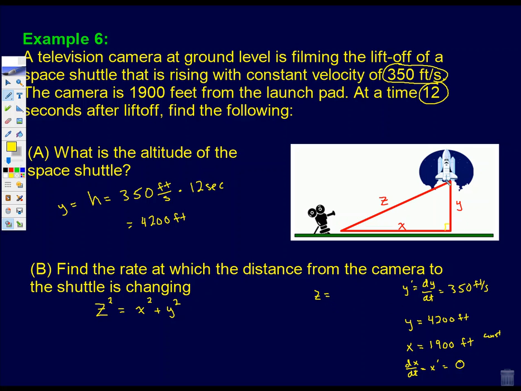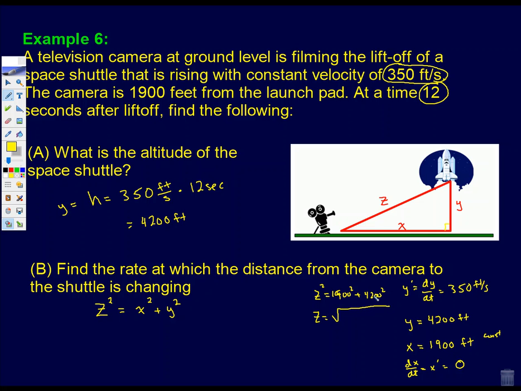Since I'm now at this one instant of 12 seconds, and at that instant the rocket's height is 4,200 feet, and the camera is 1,900 feet from the launching pad, I can actually use my equation, z squared equals x squared plus y squared, and solve for how far the rocket is from the camera at this instant, simply by taking those two quantities, 1,900 squared and 4,200 squared, putting them into my equation and solving for z.